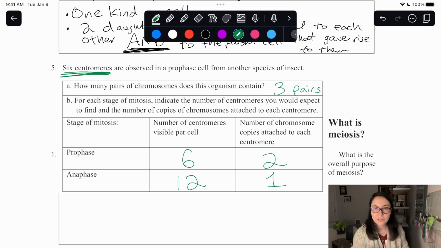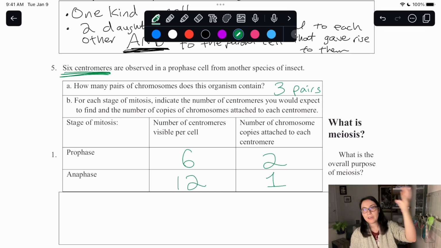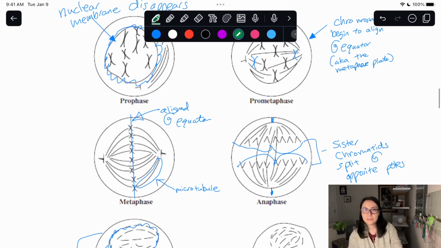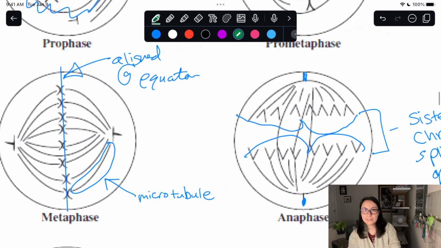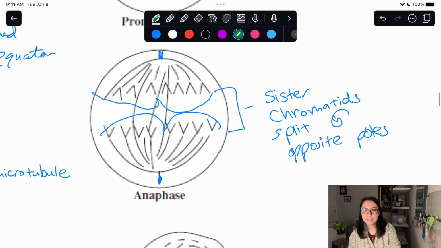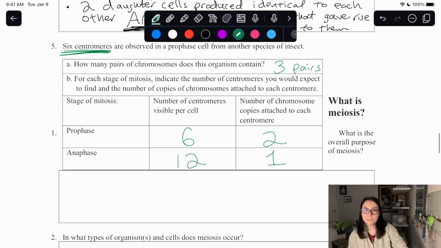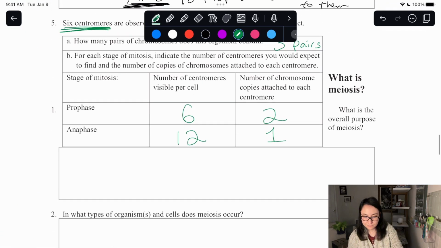So think of, you started with 3 pairs. 3 pairs are going to jump up times 2. So 3 plus another 3 is going to be 6. But it's double that amount because they're going to split. Because again, that's what happened up here. You had it aligned, and then they split into opposite poles. So do 12 divided by 2, 6.